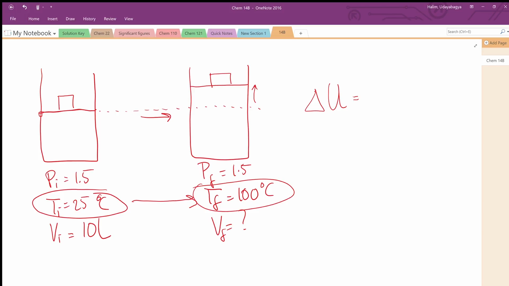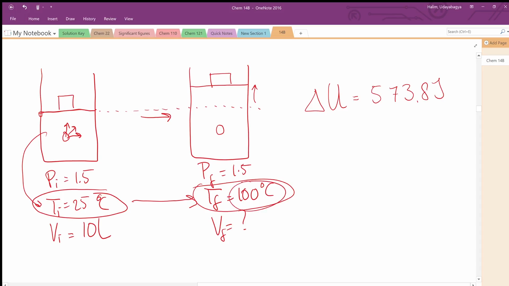It should be the same. It should be 573.8 joules, the same as it was before. Because, again, the internal energy is just the kinetic energy of the molecules that we're looking at. Here, the molecule is moving at 25 degrees Celsius. It really doesn't matter whether it's a constant pressure or a constant volume. All the molecule knows is that it's now moving at a higher kinetic energy at 100 degrees Celsius.